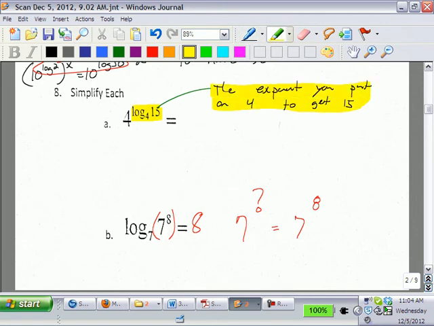Anybody know what the answer is? No. So were you okay with the description we wrote? So the exponent you put on 4 to get 15. Go ahead and put that on 4.